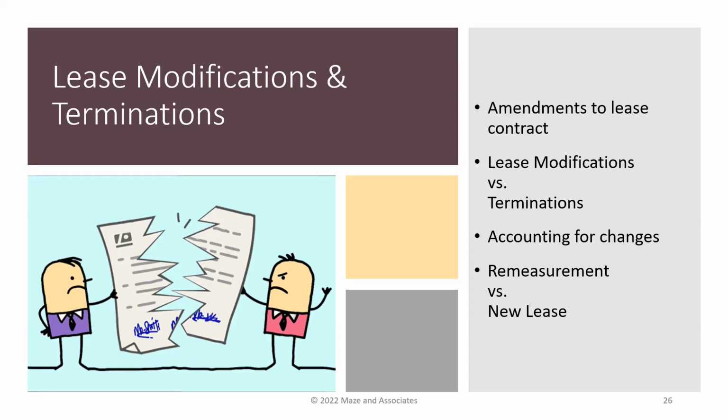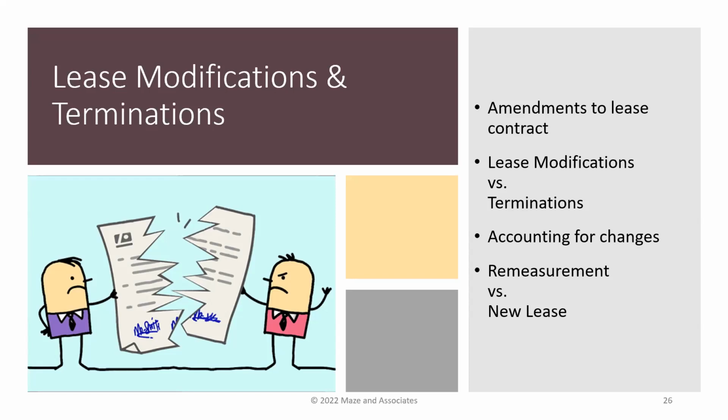So if there are any lease modifications, meaning amendments to the lease contract, not exercising options in that contract, these are actual changes to the lease agreement, not just exercising the existing terms. Those are considered modifications unless the lessee's right to use the underlying asset decreases. That could be considered a partial or full termination, and then you might have to terminate the lease accounting, either partially or fully.